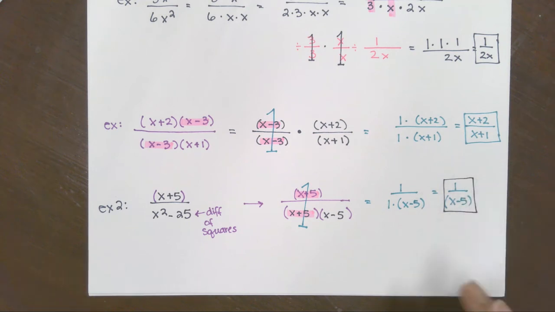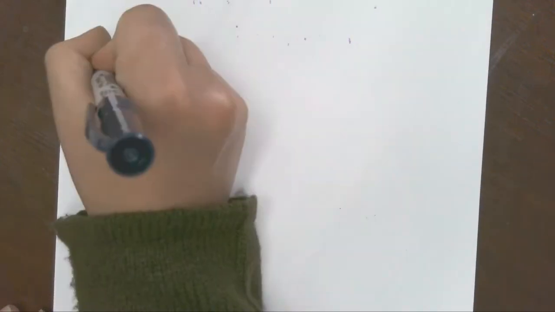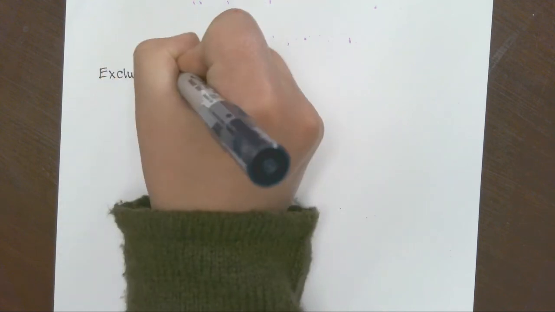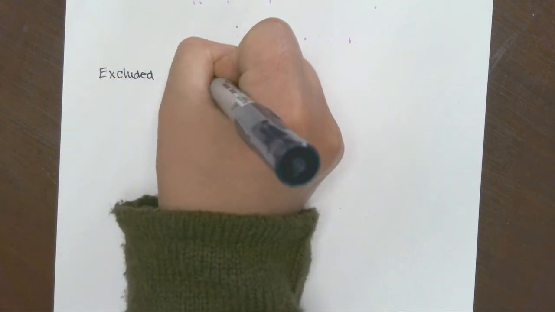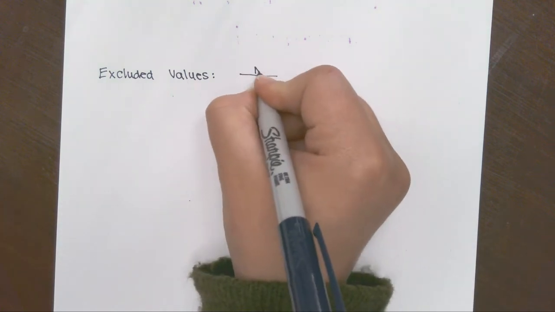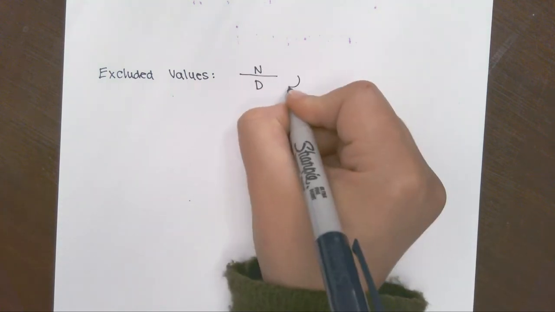Okay, now let's talk about excluded values. So excluded values are values, so you have your numerator, you have your denominator.